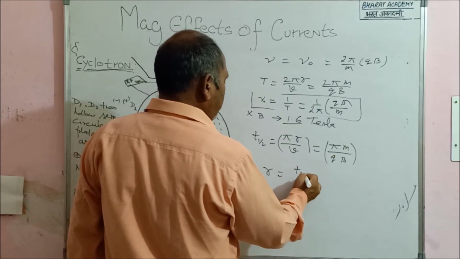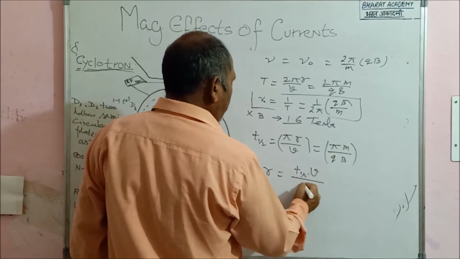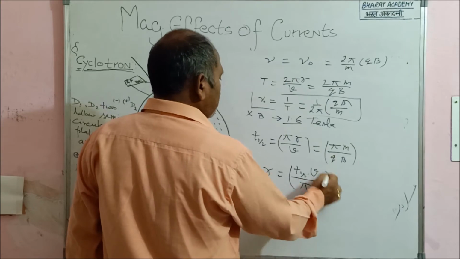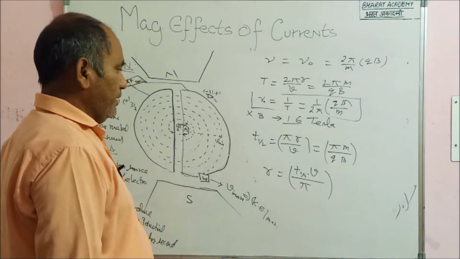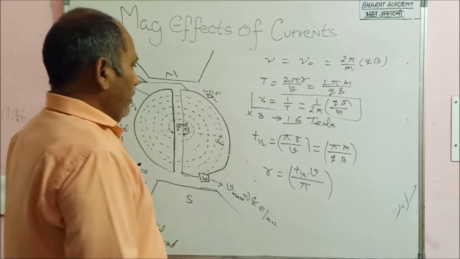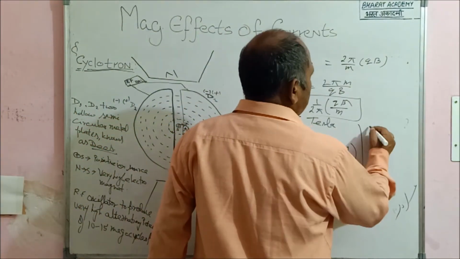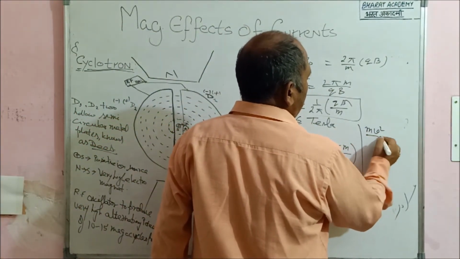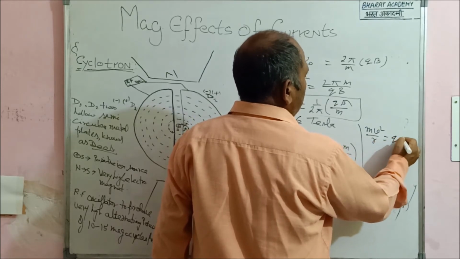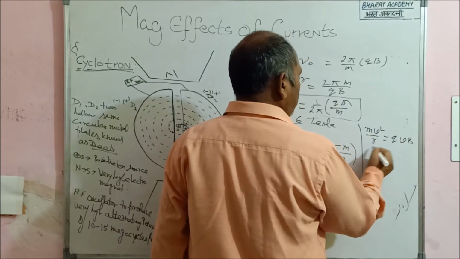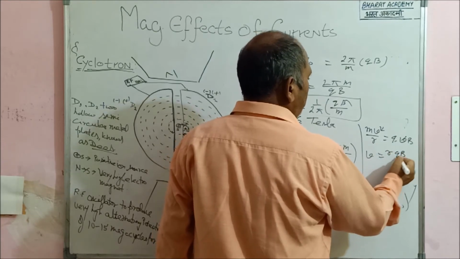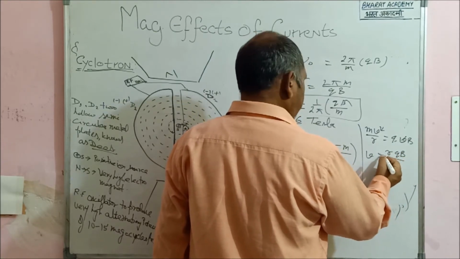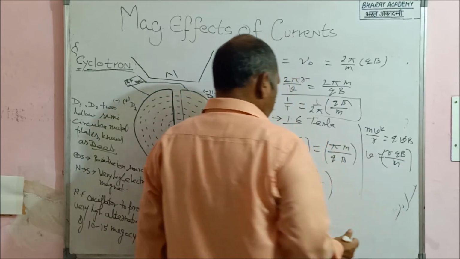T half into v by pi. Substitute the value of v, what will we get? If you are having problems, you can just equate like this: mv square by r is equal to qvB. So v comes out to be r qB by m, right?